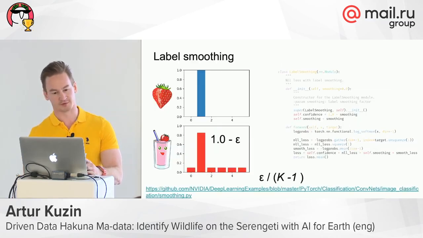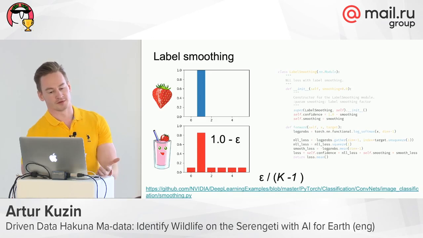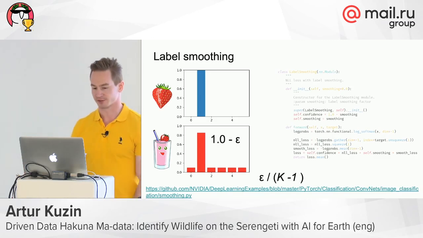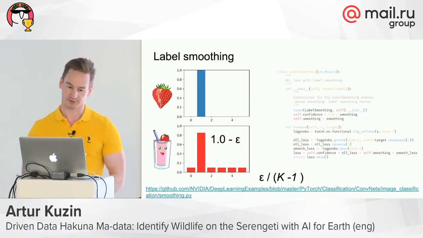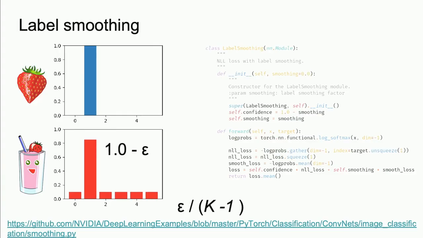The next thing is about label smoothing. In the default realization, you just have a one-hot vector of the target. Instead of this, it suggests decreasing the true label value of 1 by some epsilon, and increasing the rest of the labels by epsilon divided by the number of classes minus 1.